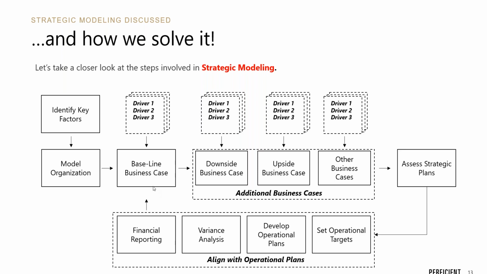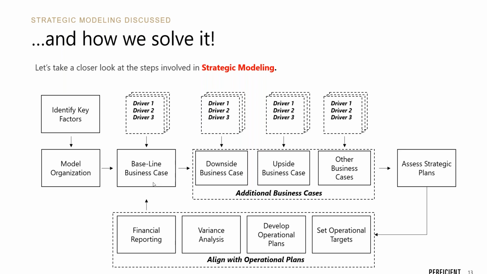But once you have that structure created, then you can establish what we call a baseline business case. That baseline business case is basically, hey, here are my initial assumptions about what this particular organization or this business unit is ultimately going to do. And then you adjust and manipulate those drivers to develop that baseline business case. From that baseline, you're then able to layer on, and this is where the what if comes in, a downside business case, an upside business case.